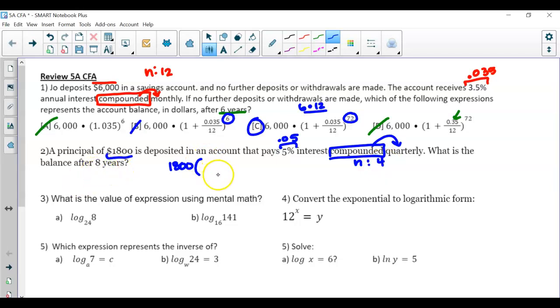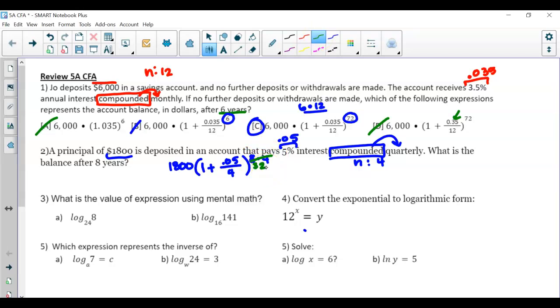So 1,800 times 1 plus, now remember with that value of n, we need to divide our rate by the value here, how often the account's being compounded. And then don't forget to raise to not just the 8th power from the time, but 8 times 4, that value of n, which means really the exponent is 32, not just 8.